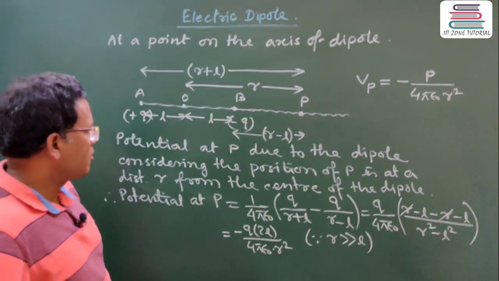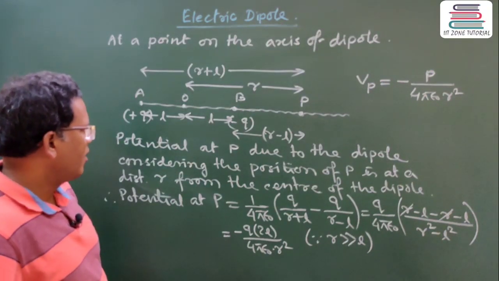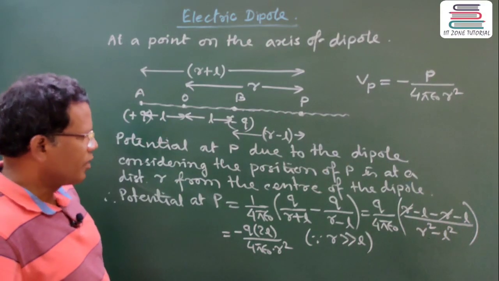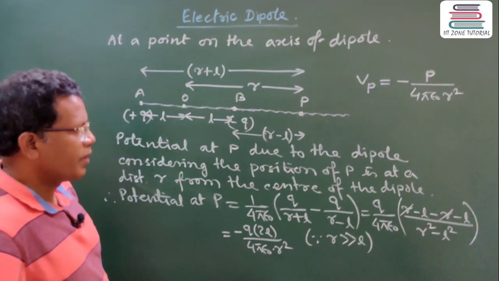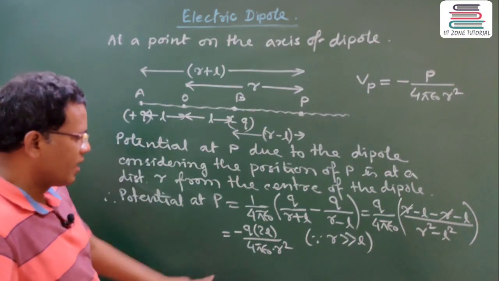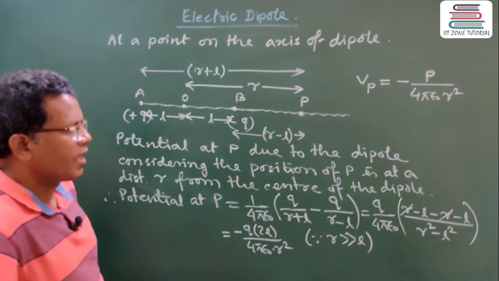So the magnitude of the charge taken for the dipole into the distance of separation, that is the length of the dipole, is called the dipole moment. So that's why, instead of Q into 2L, we can write P.